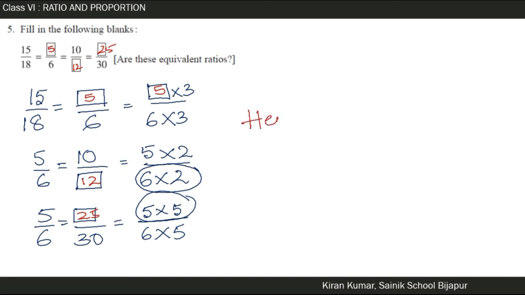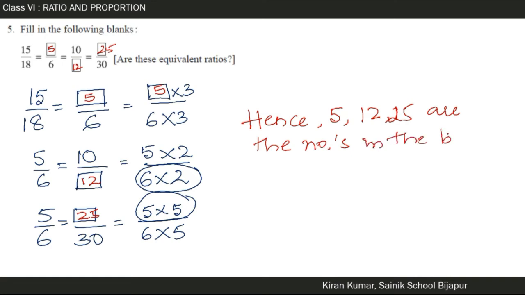Hence 5, 12, 25 are the numbers in the blanks. Are these ratios equivalent?